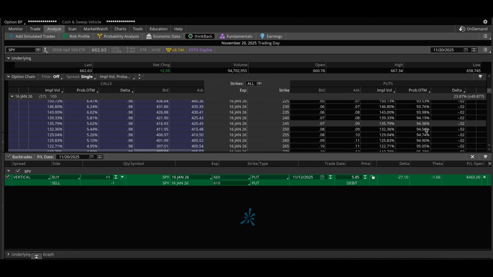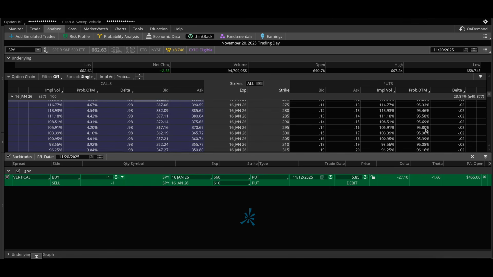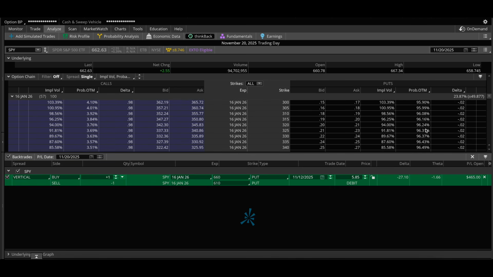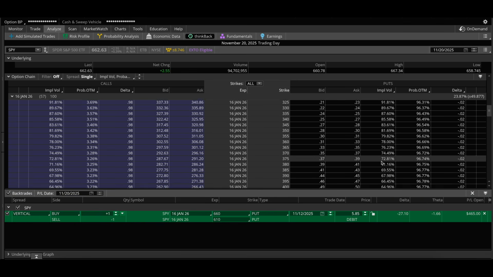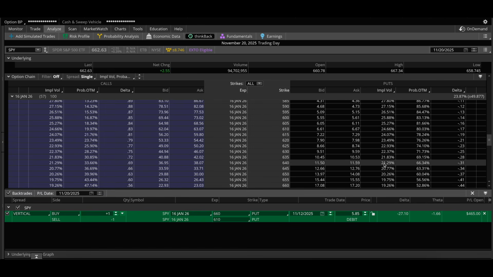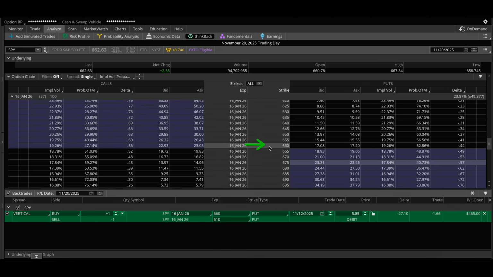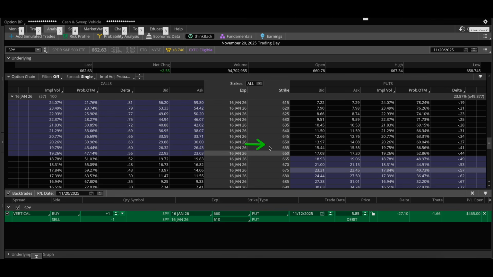We paid more for it. It's a wider spread, so you would expect to see a bigger profit. But let's take a look here at what we can do with that profitable position. So if I scroll down, from the previous example, we know that that 660 strike put option is now just out of the money. And what are our options here?